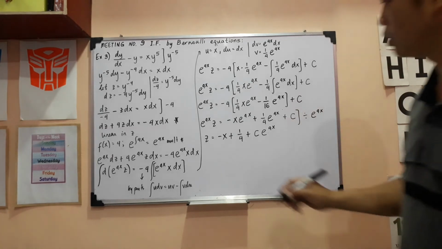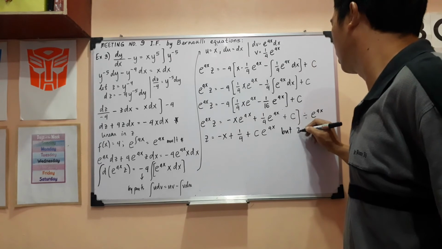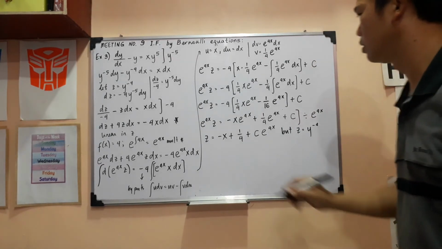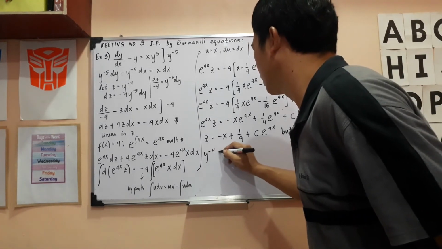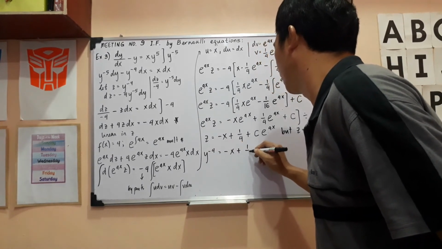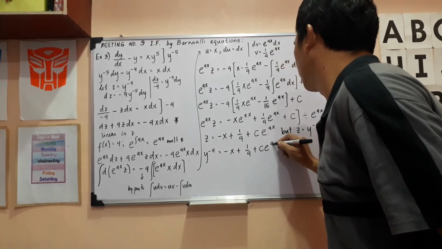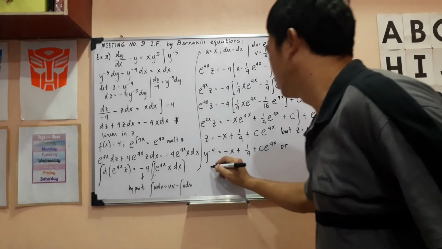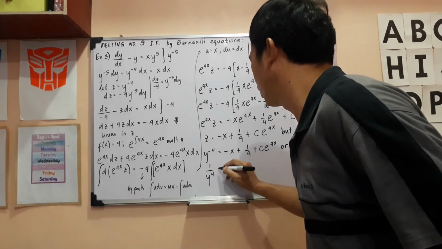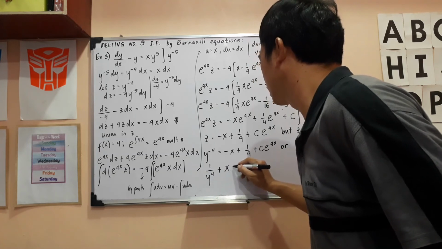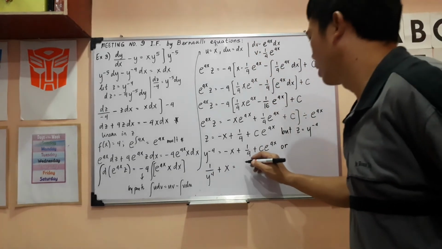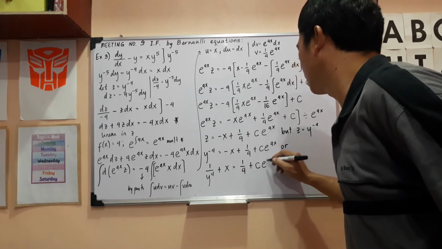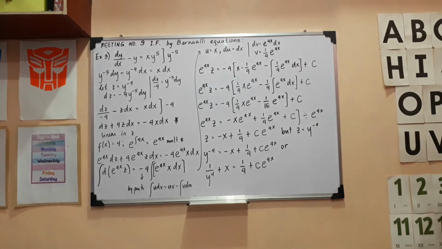Yung z is equal to what? y raised to negative 4. So y raised to negative 4 is equal to negative x plus 1/4 plus c e raised to negative 4x. So pwede na yan. Or 1 all over y raised to 4 plus x is equal to 1/4 plus c e raised to negative 4x.